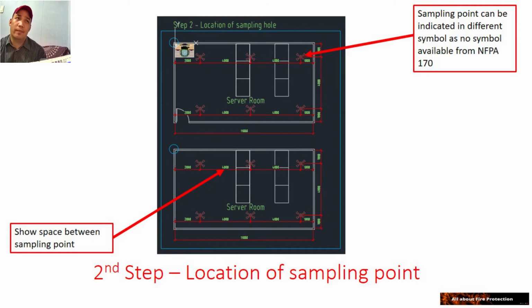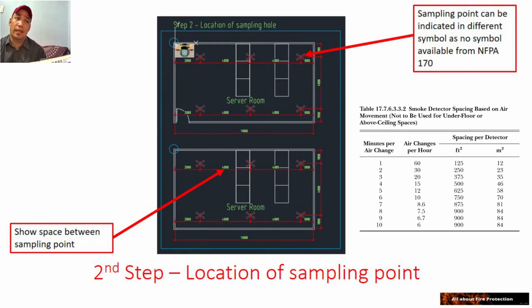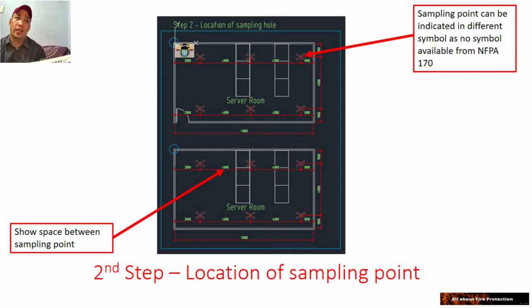Once this is determined, you can now refer to the table in NFPA 72 2016 edition, table 17.7.6.3.3.2. In my example, I used the detector coverage of 23 square meter, which led me to use 4 meters sampling point spacing. Show the dimension between sampling point and from sampling point to the wall.